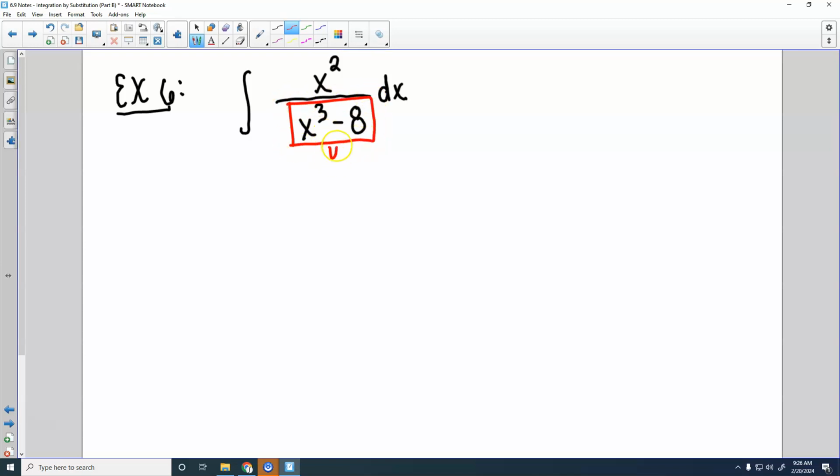But if I make this my u, then u equals x cubed minus 8, so du is going to be 3x squared dx, and I do have an x squared, right? Now, I need that x squared to kind of be over here with my dx, and I need a 3 with it. If I put a 3 here with this, I got to put a 1/3 out front.